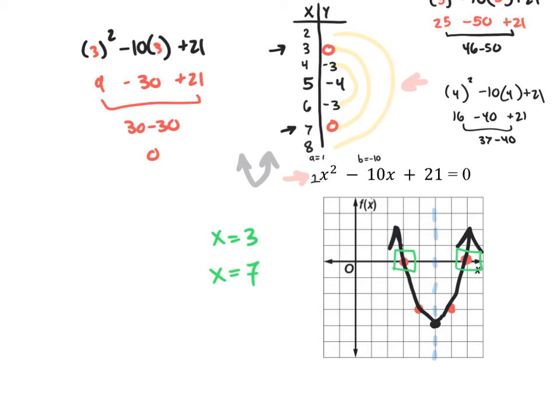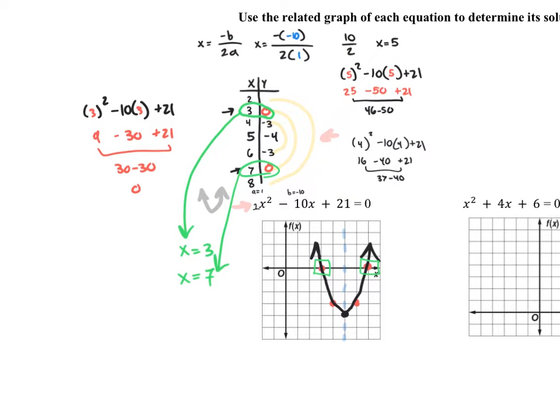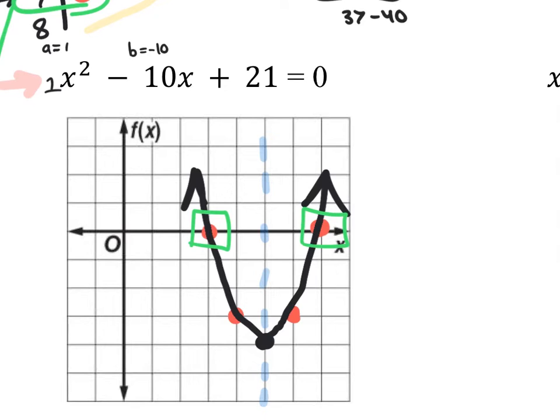We found those in the table by finding a y-coordinate of 0. So there's the 3. Here's the 7. And that's all this section is: it's making a graph, just like we did in 9.1, but we're looking specifically for the points where we cross over the x-axis.